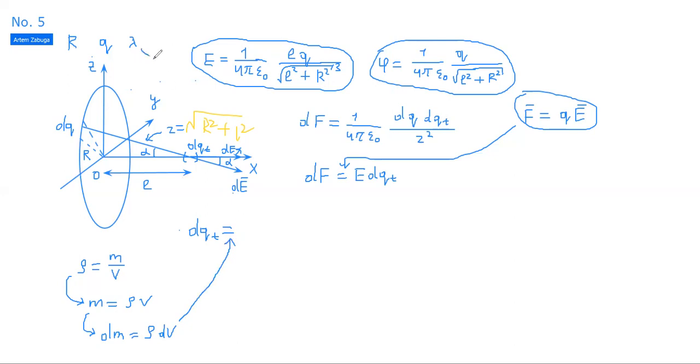According to this we can write that this elementary point charge is equal to lambda multiplied by dl.